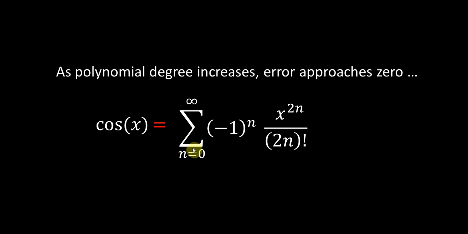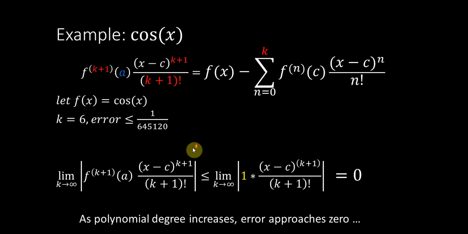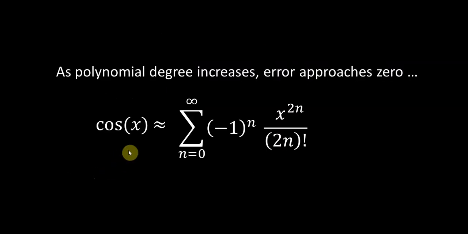In other words, let's go back. As the power of the polynomial, or as the number of terms approaches infinity, the error goes down to 0. So, once again, this approximation goes away, and in the long run, if we could calculate this series to infinity, we would get the exact answer.